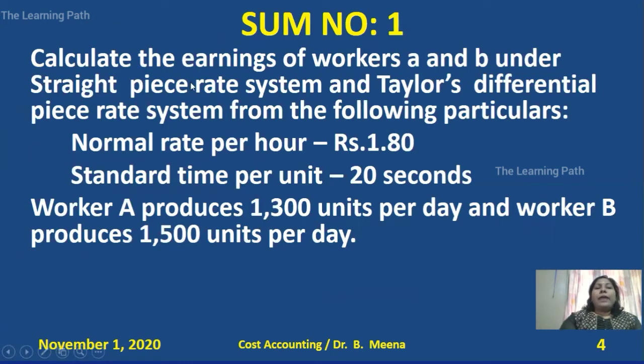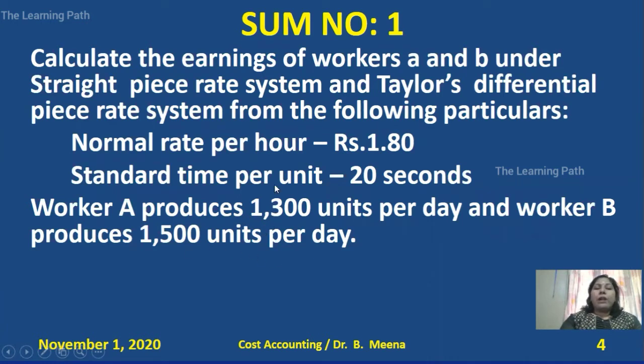Look at the problem. Calculate the earnings of workers A and B under the straight piece system and Taylor's differential piece system from the following particulars. The normal rate per hour is 1.80, standard time per unit 20 seconds. Worker A produces 1300 units per day, worker B produces 1500 units per day.